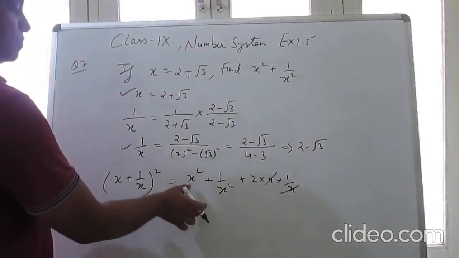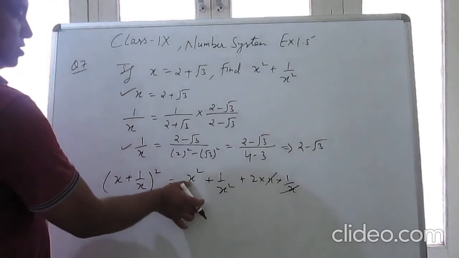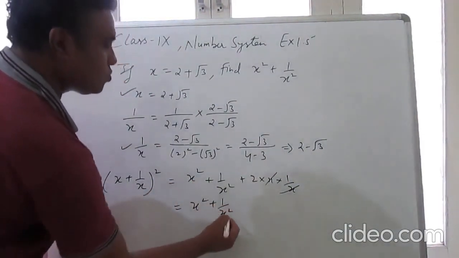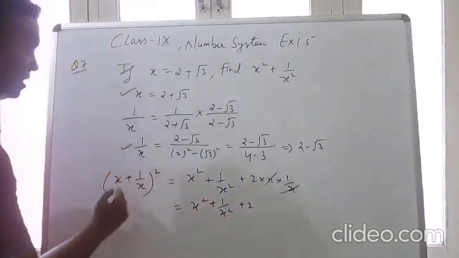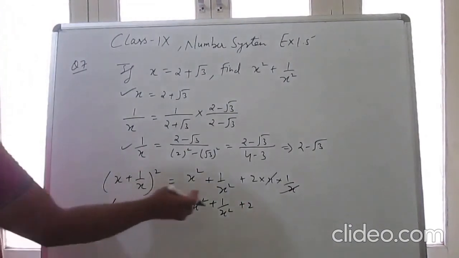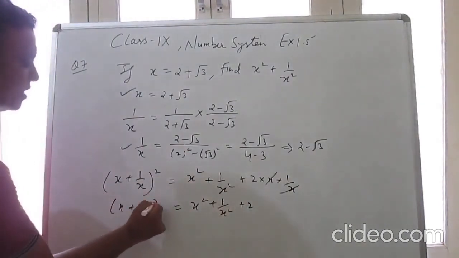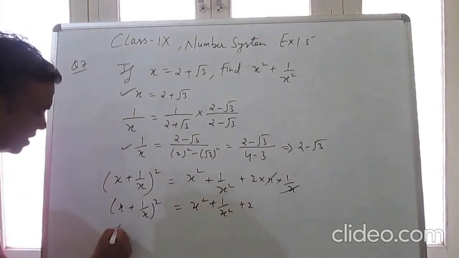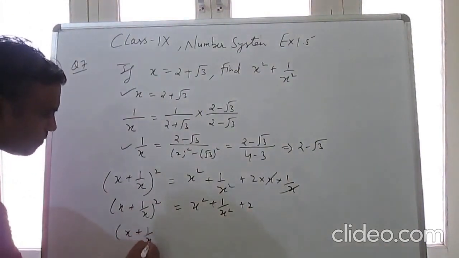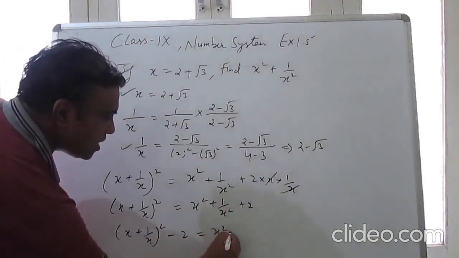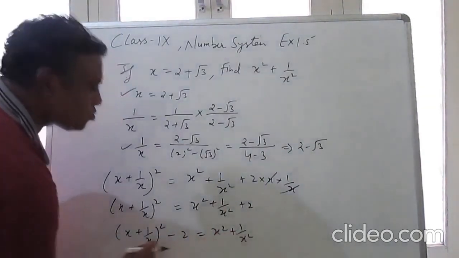What you will do: x square plus 1 upon x square plus 2, keep this as it is. Now take this to this side, it will become minus. So (x plus 1 upon x) whole square minus 2 is x square plus 1 upon x square.